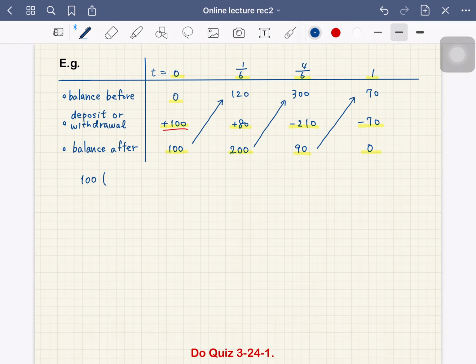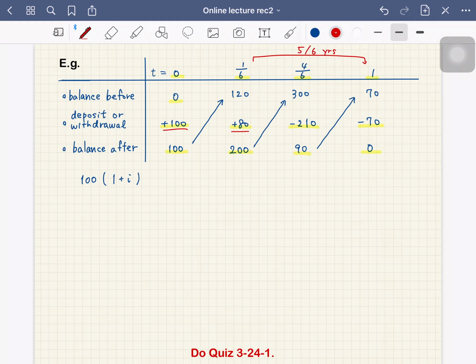So at first, this $100 is in the account for 1 year. So this $100 accumulates interest for 1 year, so we multiply 1 plus 1 times i by 100.